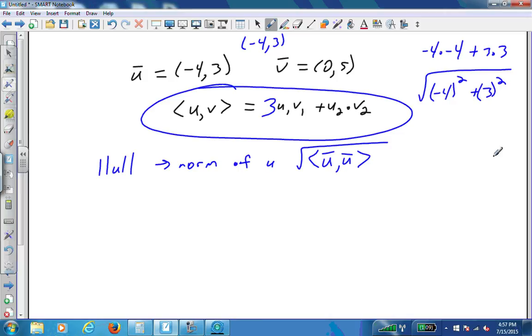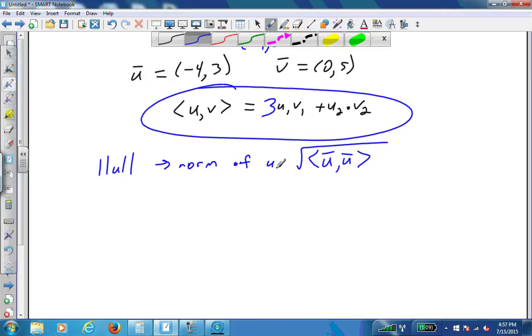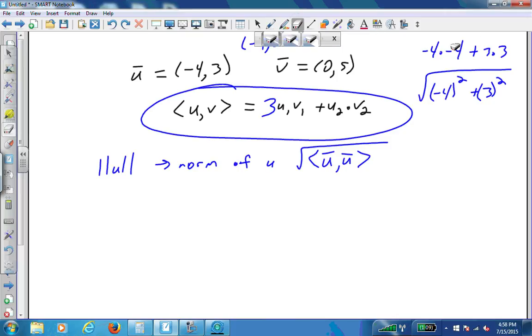And then to get the length, take the square root of it. But since there are different inner products, we generalize that to saying, well, that's just the dot product of u with itself, and then take the square root of it.